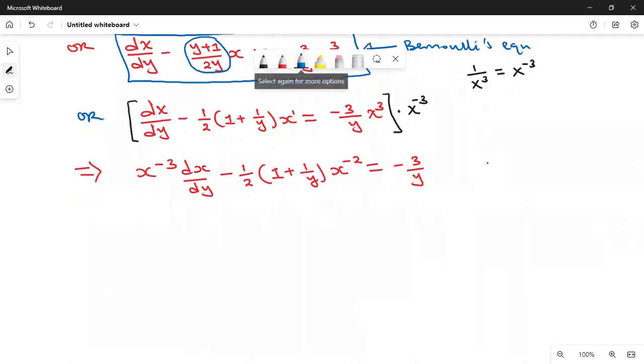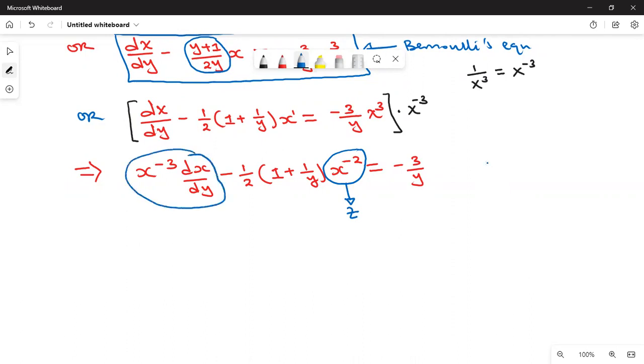Now, we let this be equal to z. We need to know what will be this first term in terms of z. So you say let z be equal to x raised to negative 2. So when you differentiate, you get dz dx is equal to negative 2 x raised to negative 3.